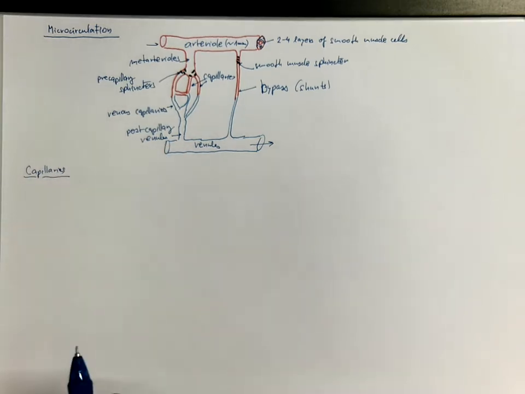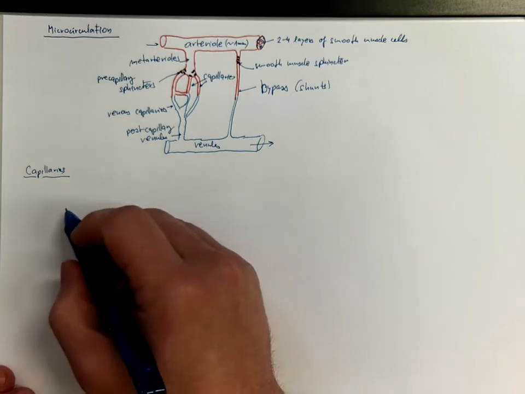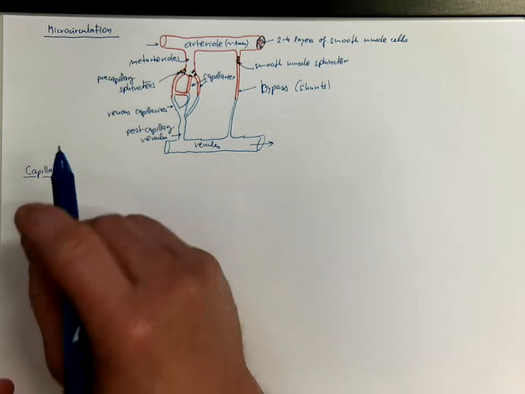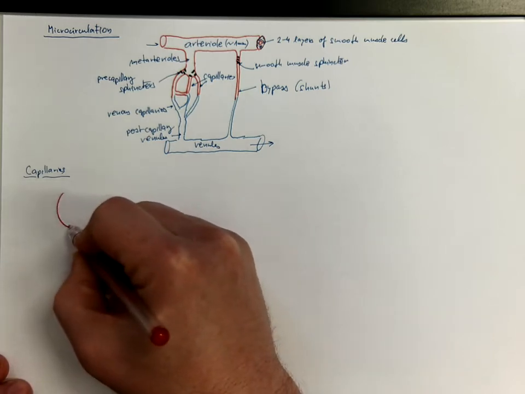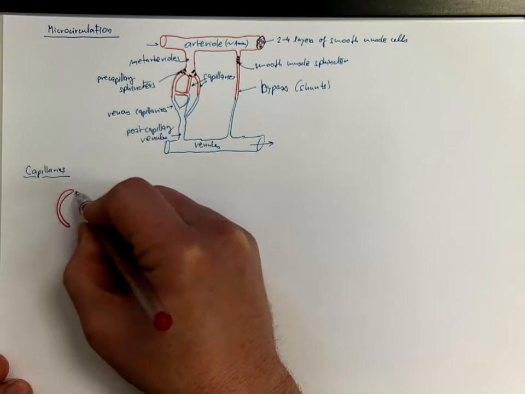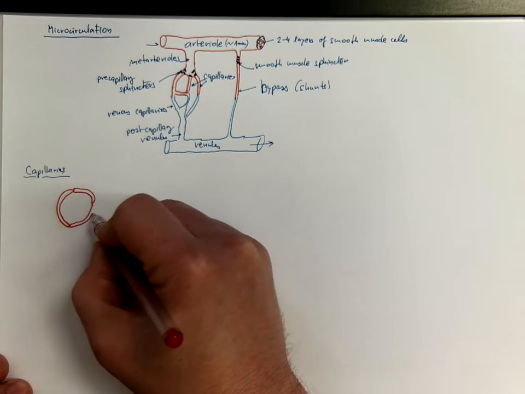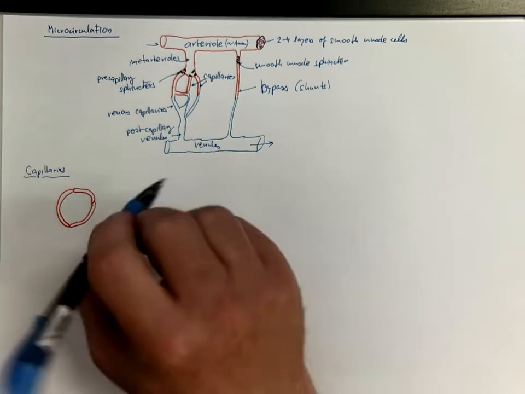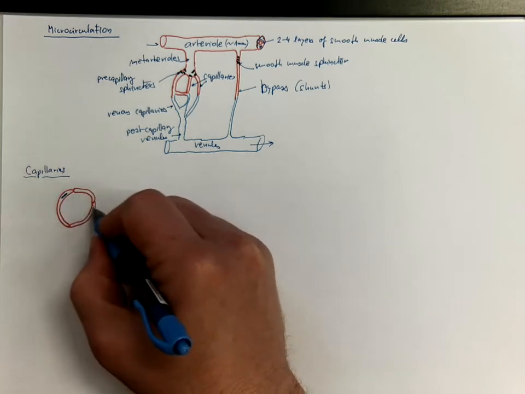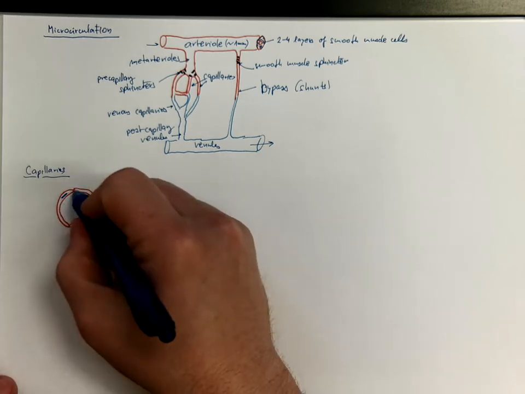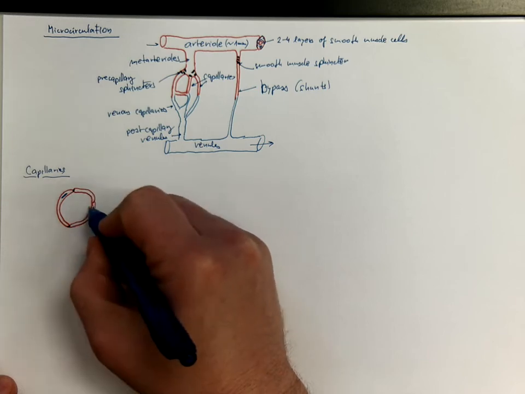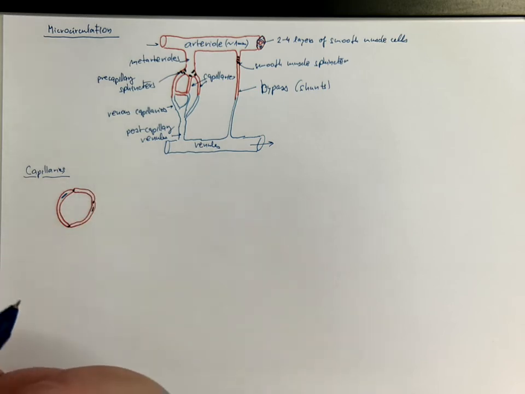There are 3 types of capillaries in the human body. The first type has endothelial cells that are closely attached to each other, leaving no gaps. Moreover, the cells have intercellular tight junctions in between, and they are surrounded by a continuous basal lamina.